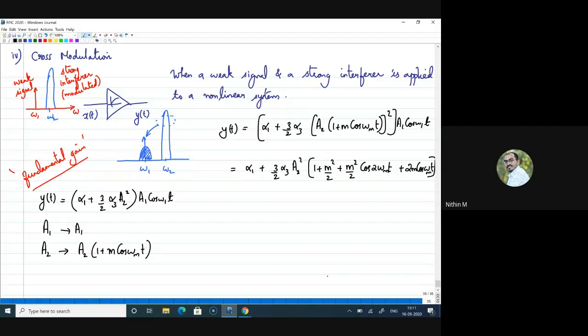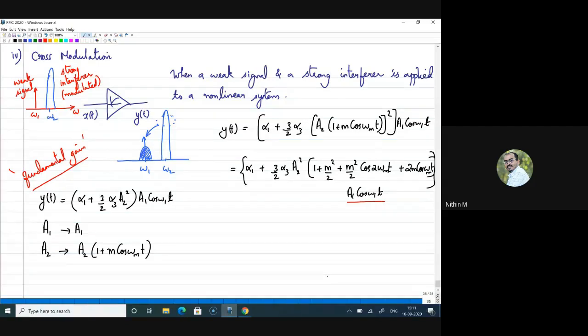These are the terms inside the bracket, and outside this is the entire amplitude multiplying A1 cos omega 1t, right? So when I closely observe this, at the output I am looking at the signal A1 cos omega 1t, but an amplified version of that.